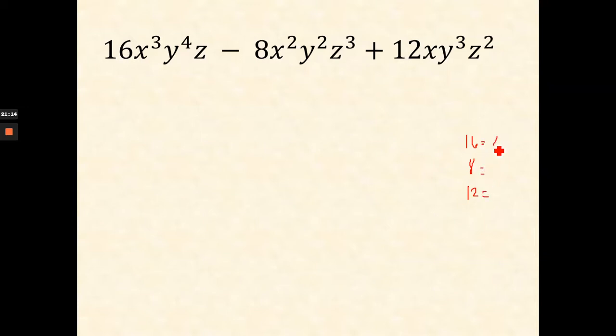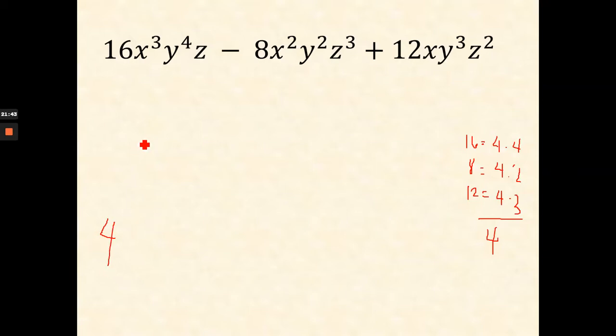You have here 4 times 4, right? And how about 8? The factors of 8 are 4 times 2. And how about 12? That is 4 times 3. So what is the common factor? It is 4. So the common factor is 4.